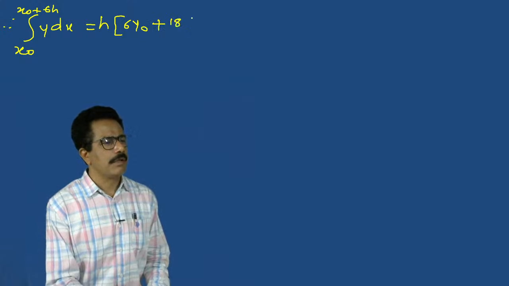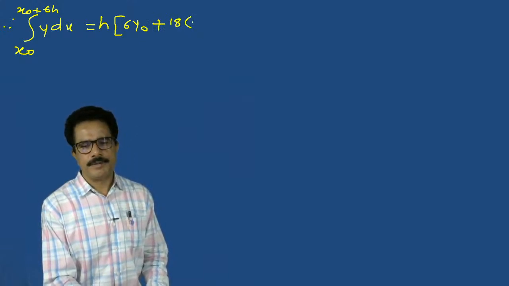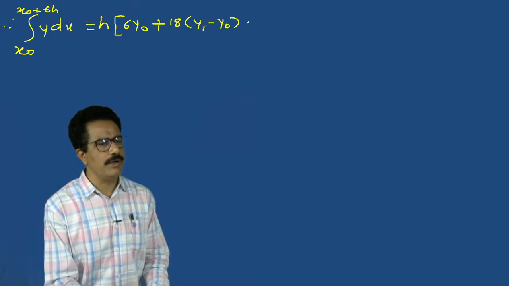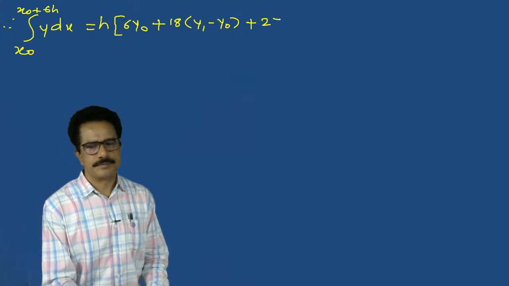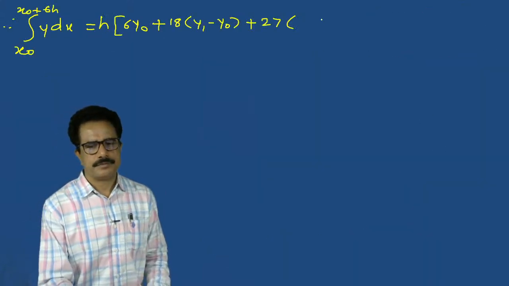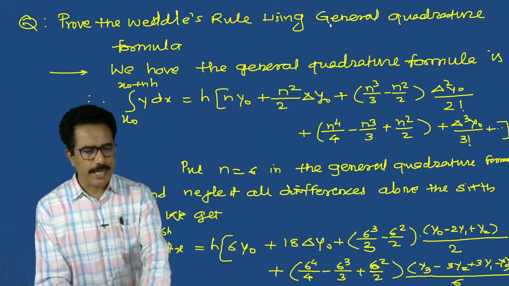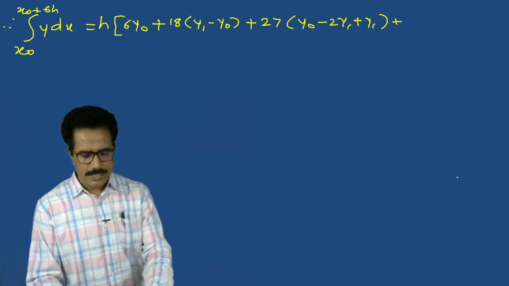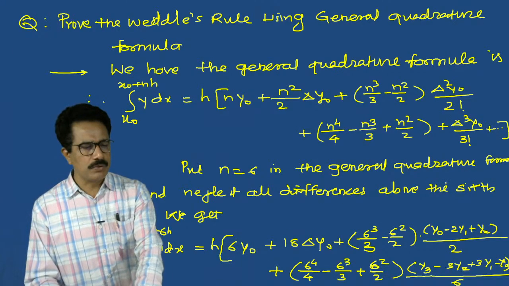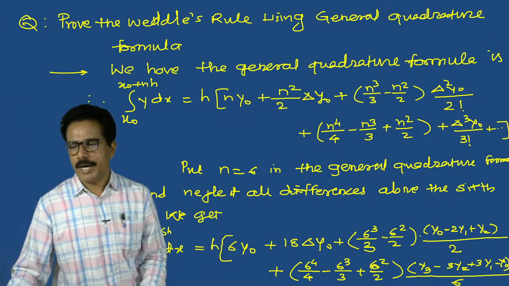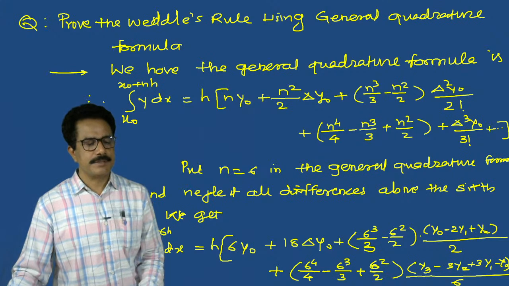Then see what comes: 6 into y0 plus 18 into delta y0, that will be y1 minus y0, plus 27 delta square y0, that means y0 minus 2 times y1 plus y2, plus again 1296 divided by 4 minus 216 divided by 3 plus 36 divided by 2.